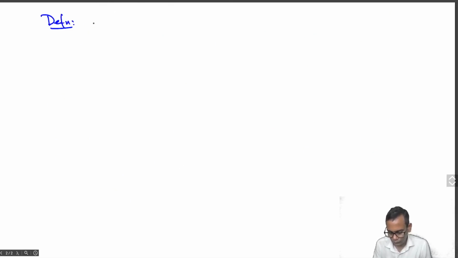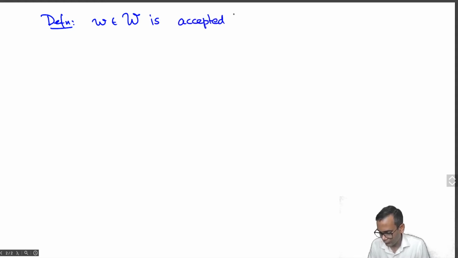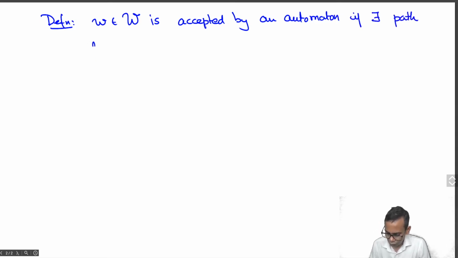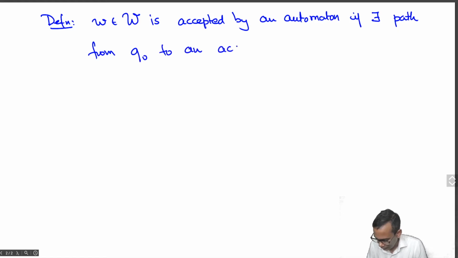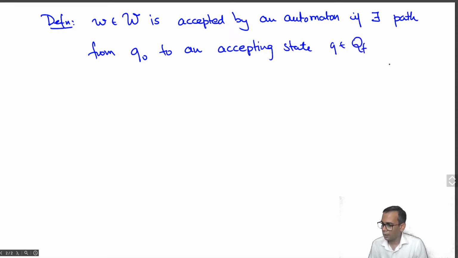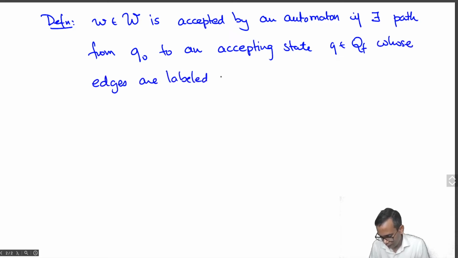A word W is accepted by an automaton if there exists a path from Q0 to an accepting state, namely a state in the set QF, whose edges are labeled by a1, a2, ..., an, where W is of the form a1, a2, ..., an.